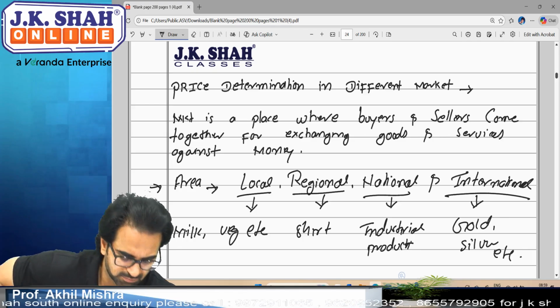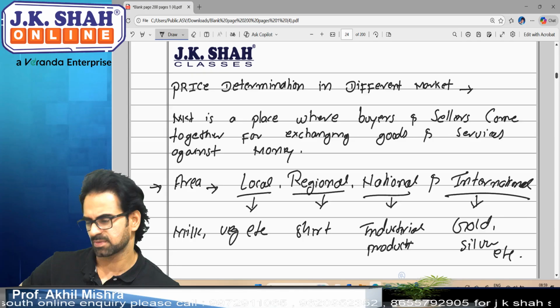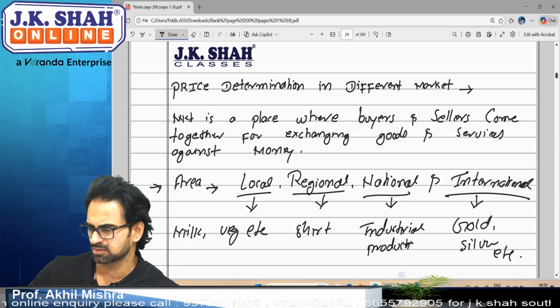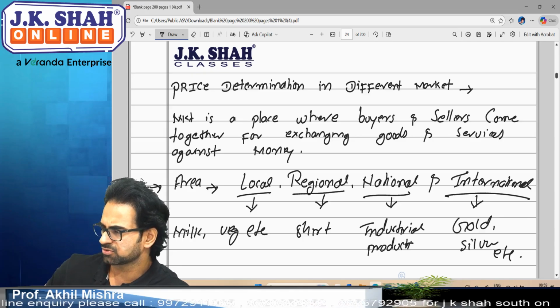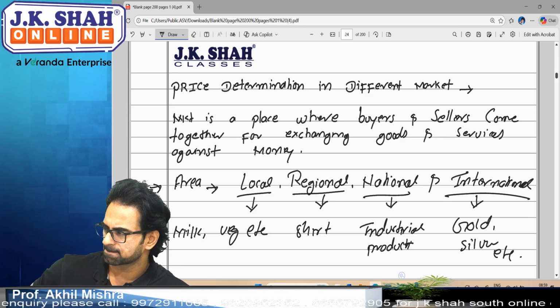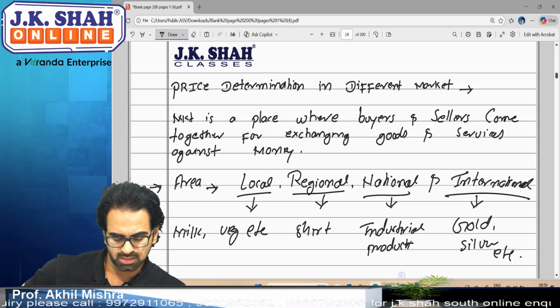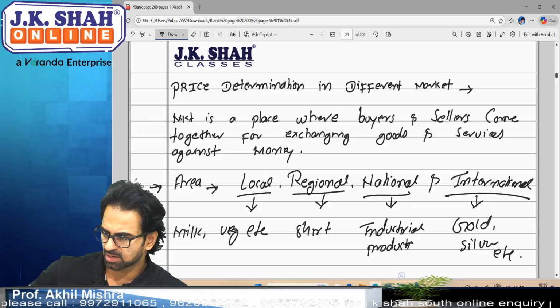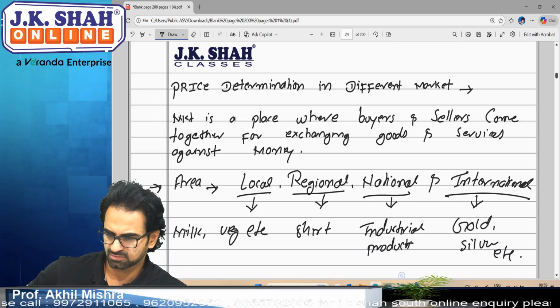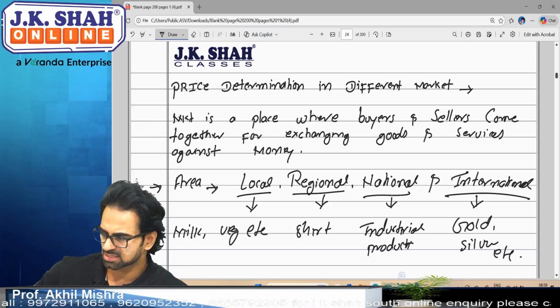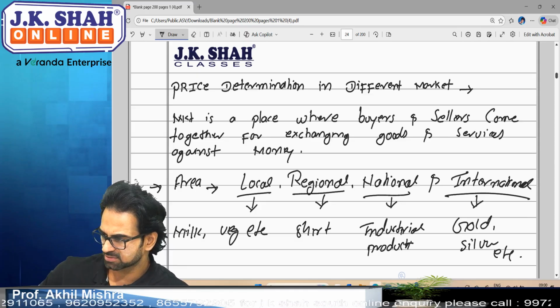Understand? So first of all, what is market? Market is a place where buyers and sellers come together for exchanging goods and services against money. And then market has been classified on various bases. The first is what? Area. In area wise, there are 4 types. Local market.